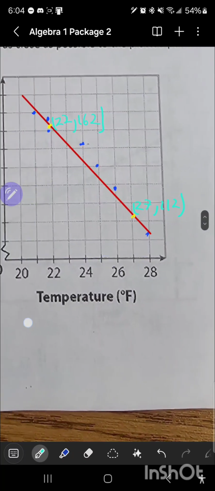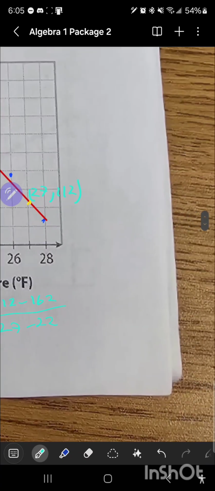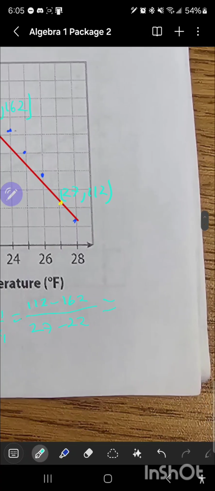Now we are going to use the slope formula: y minus y1 over x minus x1. I'm going to substitute. It will be 112 minus 162 over 27 minus 22. Wait, never mind, going back.